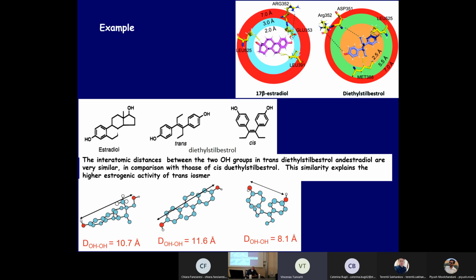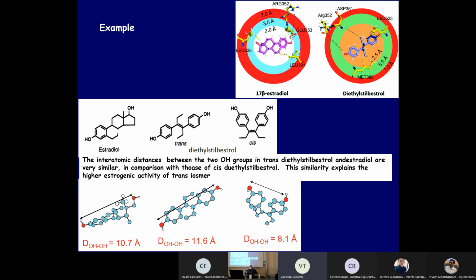Some years ago, an investigator hypothesized that the activity of this hormone was given by these two alkyl groups, and the whole carbon backbone was only a spacer.